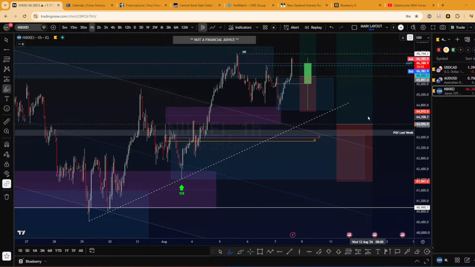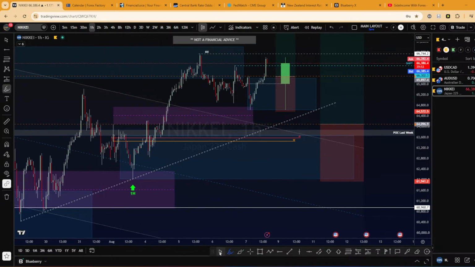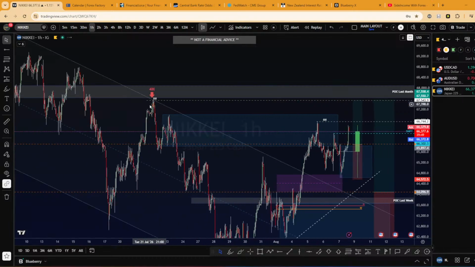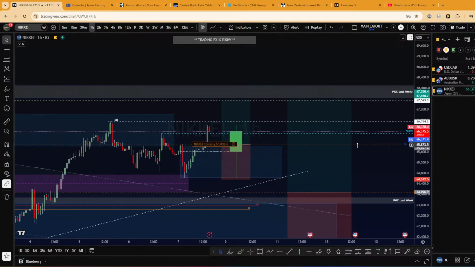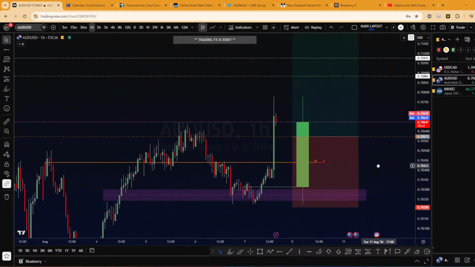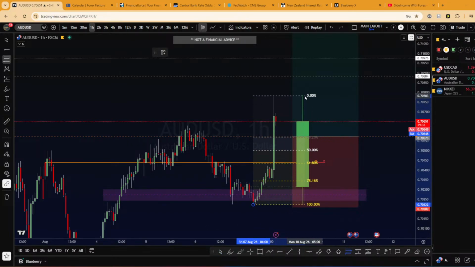I will be focused on Nikkei, a potential buy to target this level. I just want to see price retest here. Aussie, very interesting. Maybe if I can see some further drop, this will be very interesting, somewhere here.